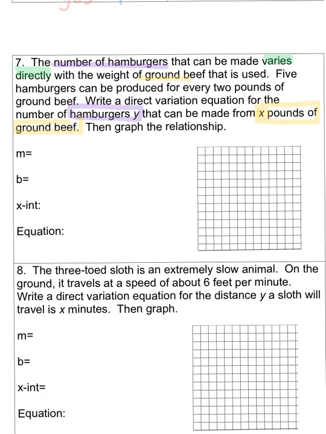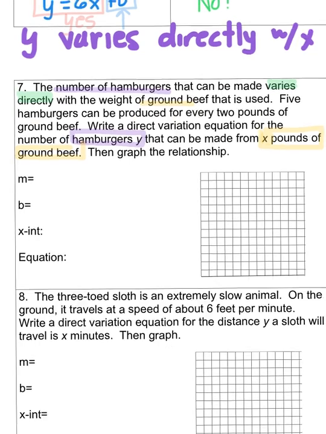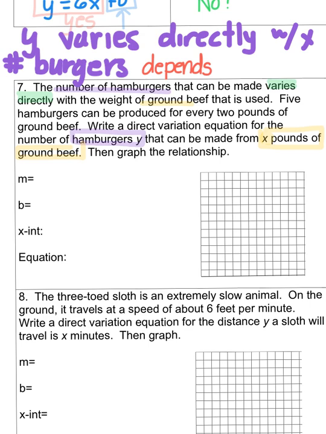But what I want you to understand is that the number of hamburgers is our y, and our y will always vary directly with the x. The y also depends on the x. So I want you to be able to notice that the number of burgers depends on the amount of beef that you have.